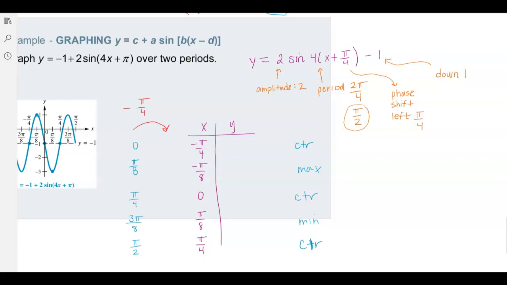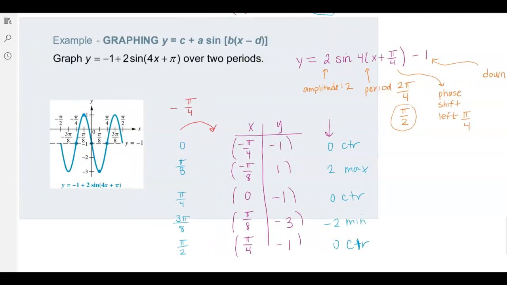All of our center points are going to be normally at 0. The max would be at 2, and the min would be at -2. But we're going to subtract 1 from all of those because the whole graph is shifted down. So I'm going to be at -1, 1, -1, -3, -1. I'm taking all the values in blue and I'm subtracting 1 to get my final y values.